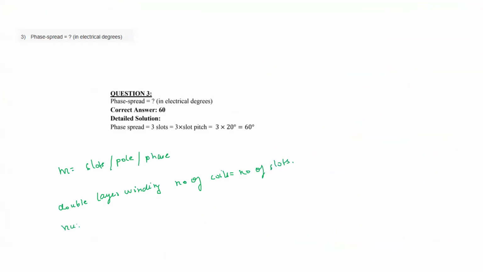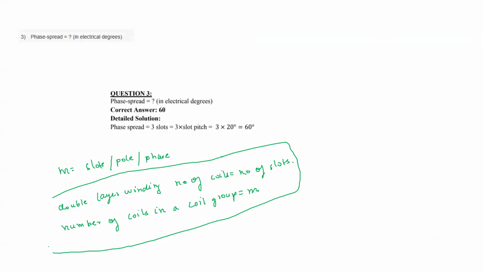So the number of coils in a coil group is equal to M. Now, what is phase spread? Phase spread is nothing but M into beta.